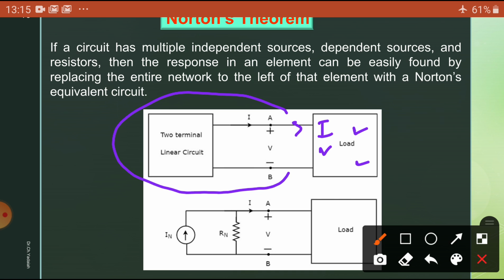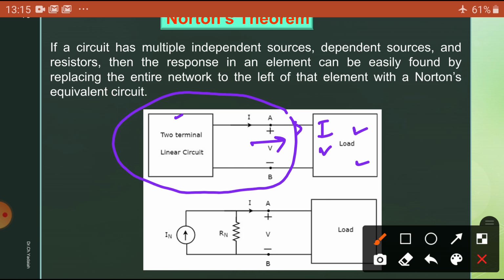The network consists of many independent and dependent sources, voltage sources, current sources and resistors. From all sources we get some supply to our load. I want to know how much current the load takes from this complex circuit.